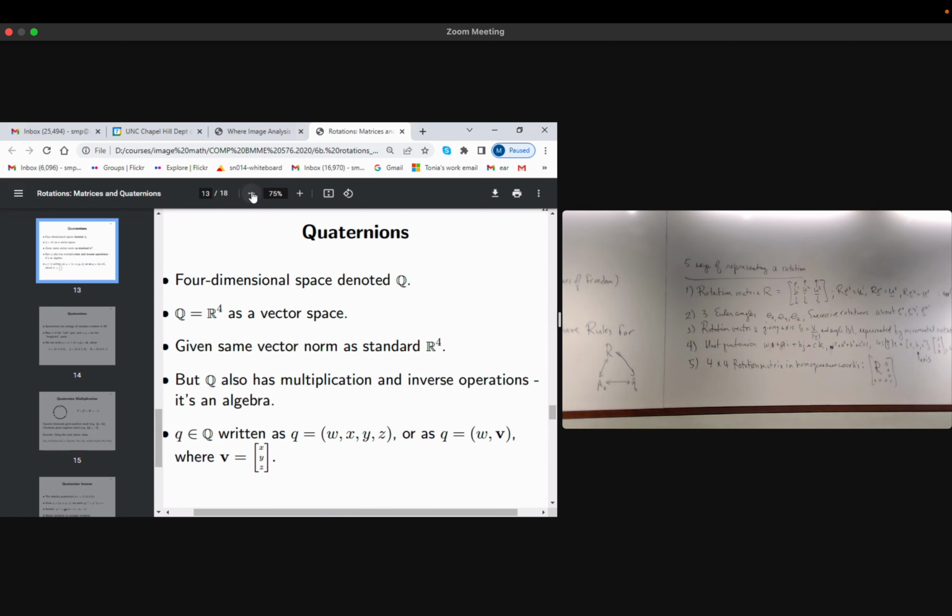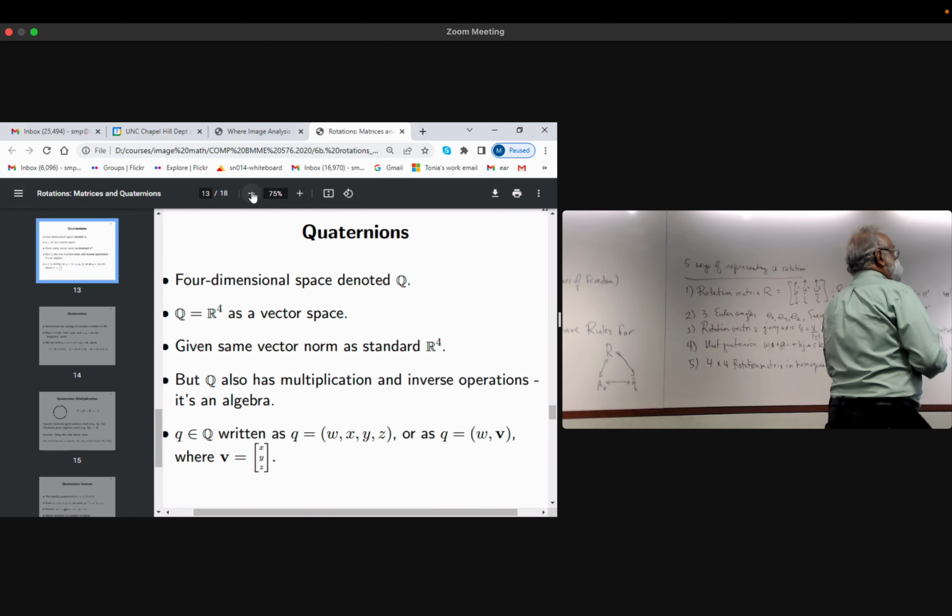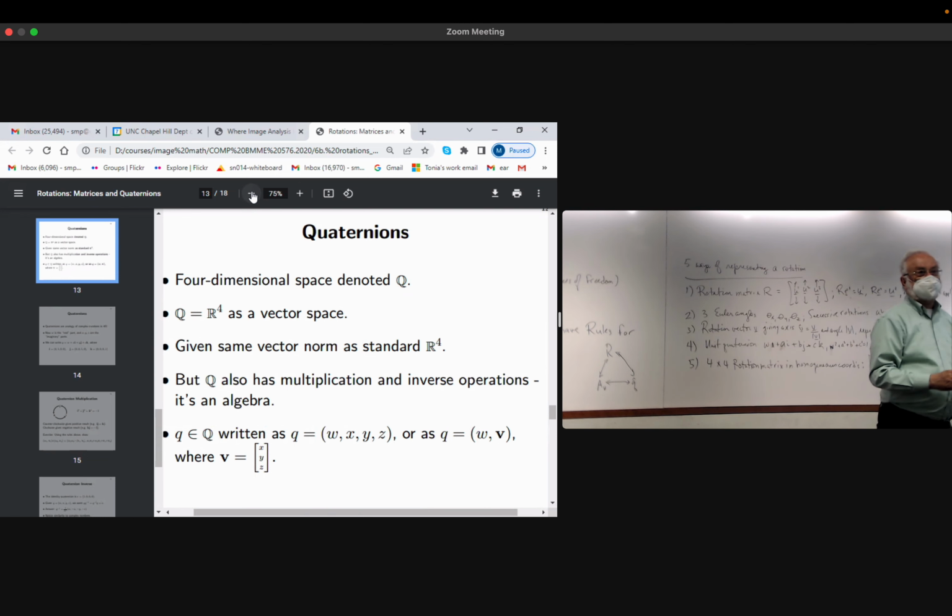And you have inverse quaternions that are unique and a 0 quaternion that is also unique. That's what a vector space is. It's any set that satisfies those 4 rules. So it is a vector space. It has the standard vector norm of square root of the sum of squares.